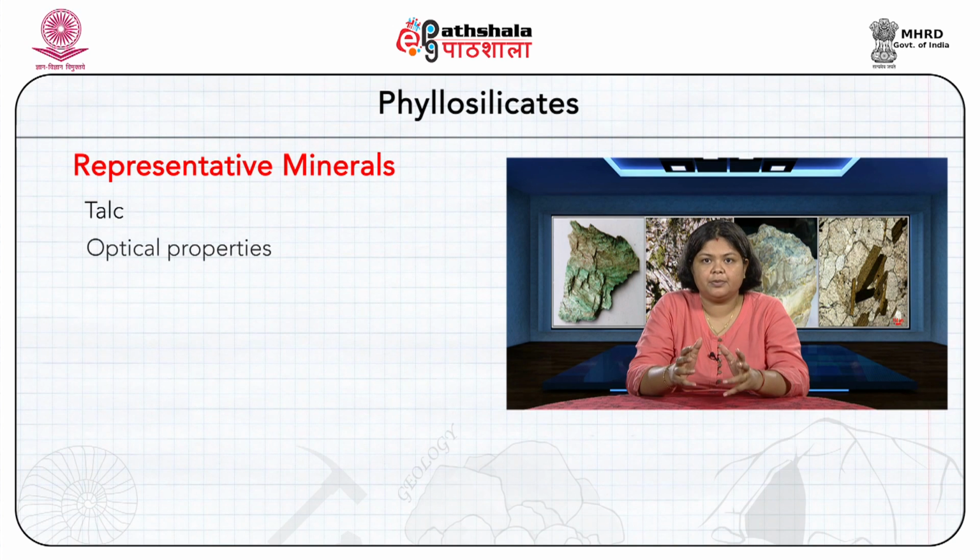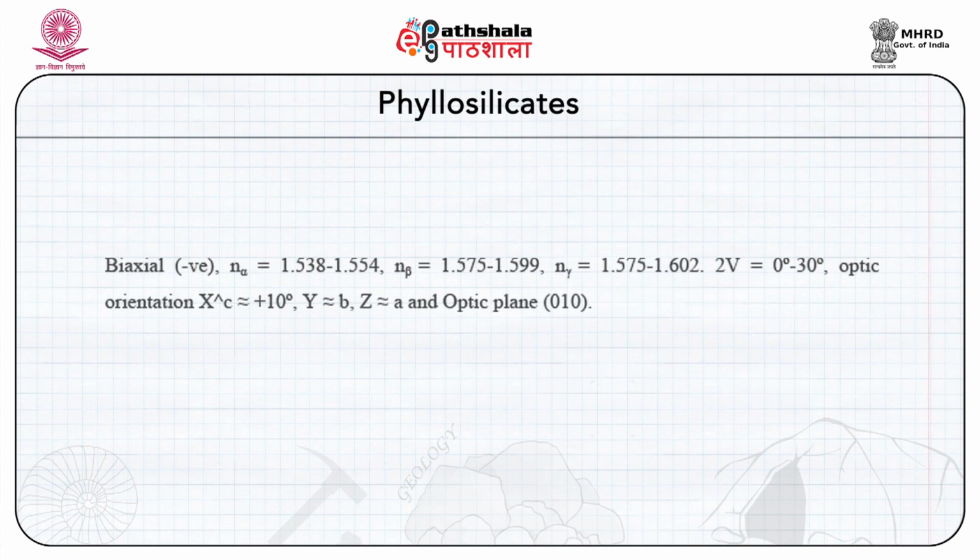Coming to the optical properties of talc, in thin section it appears colorless with a low to moderate positive relief, and is biaxial negative in nature. The N alpha varies from 1.538 to 1.554, N beta equals 1.575 to 1.599, N gamma equals 1.575 to 1.602.